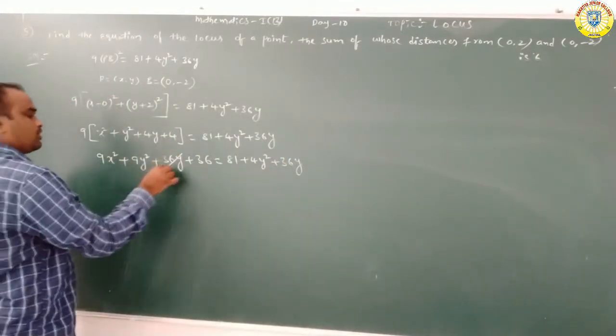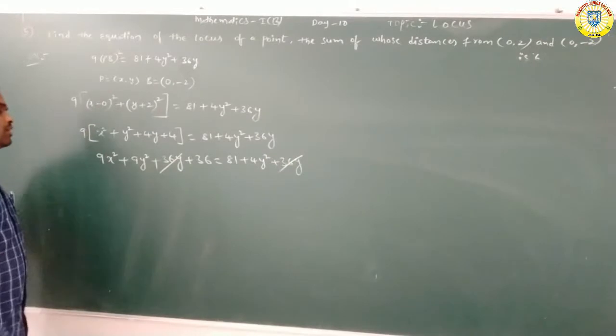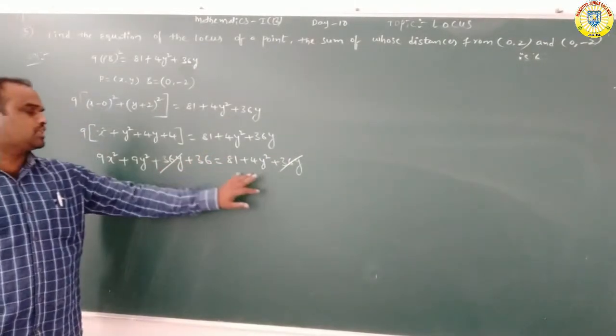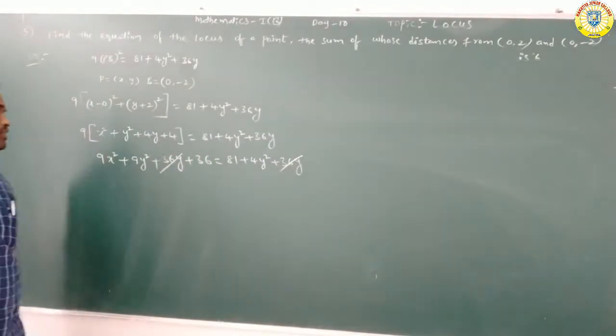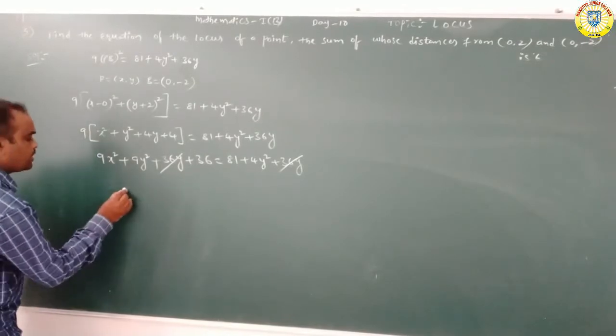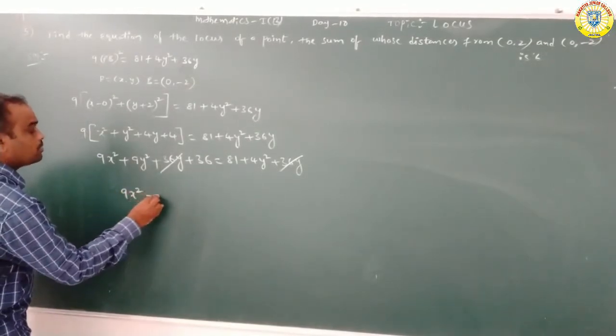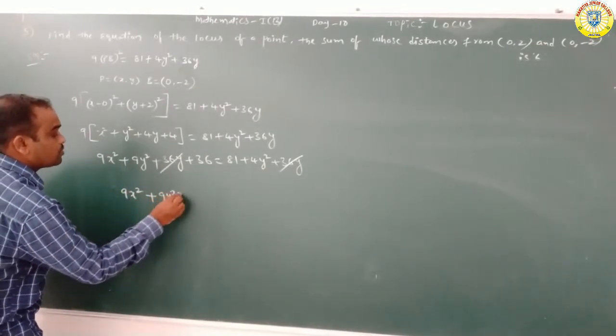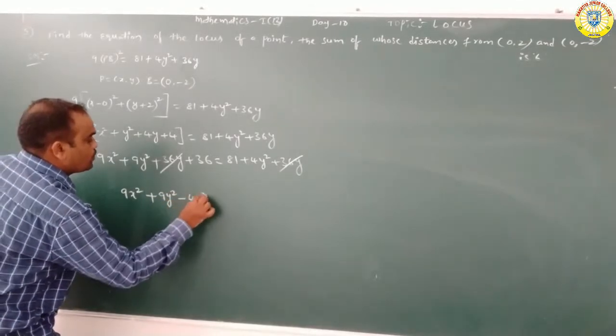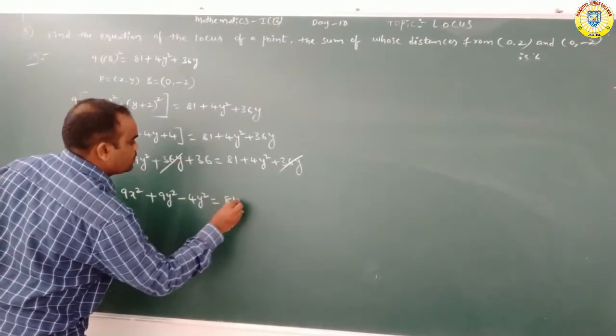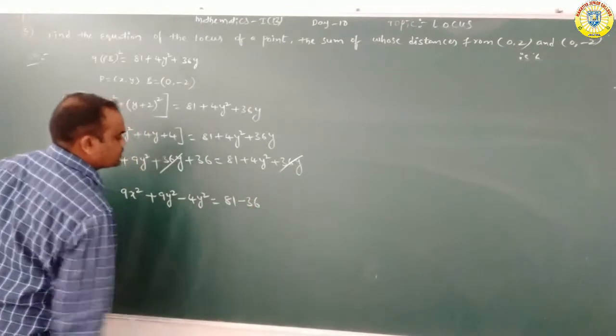Here 36y cancels. The constant values we take to the right side, the remaining values to the left side.